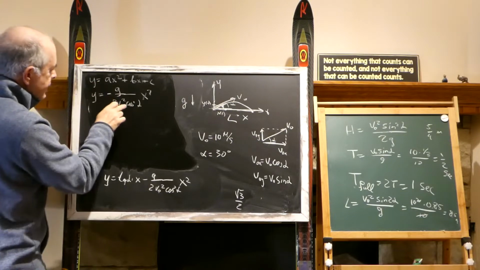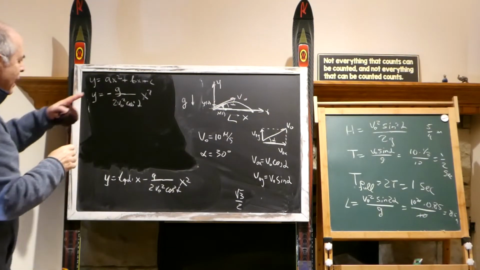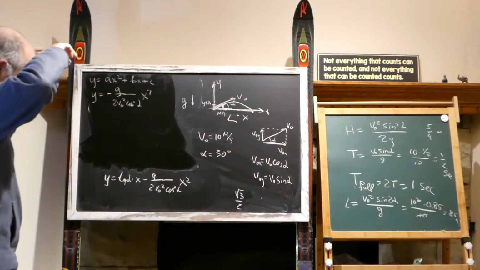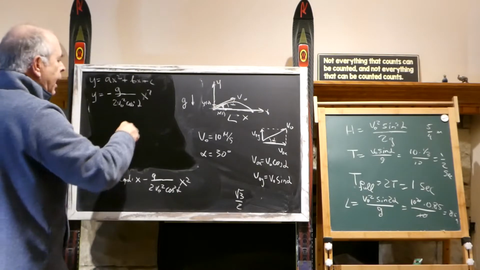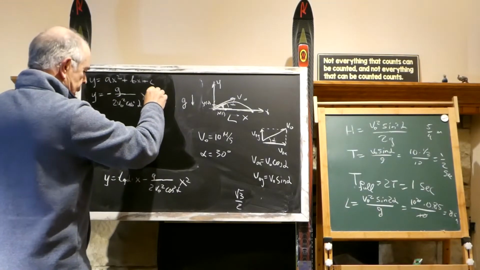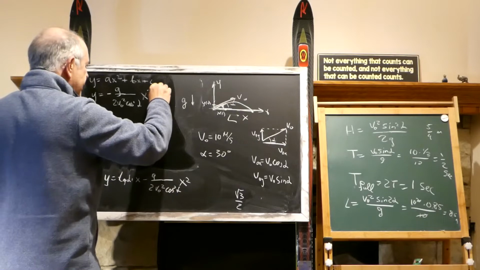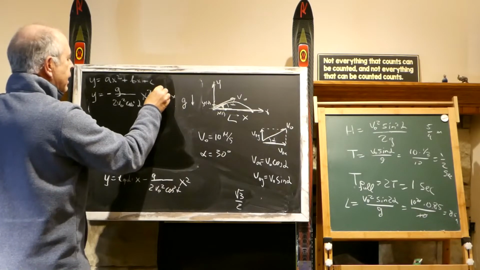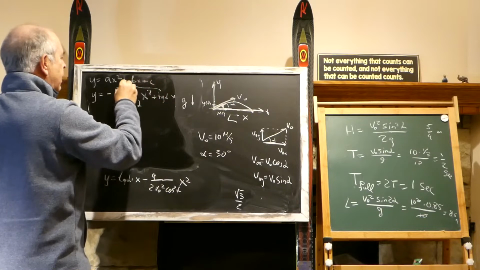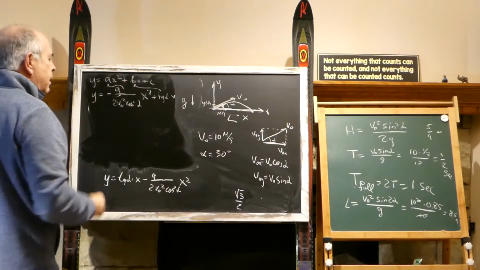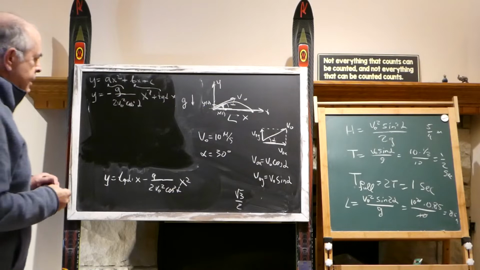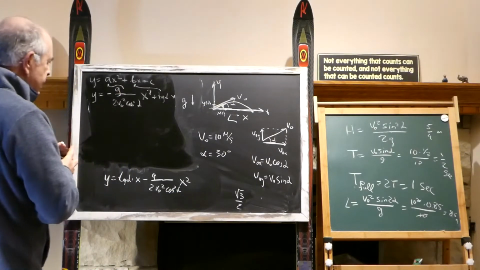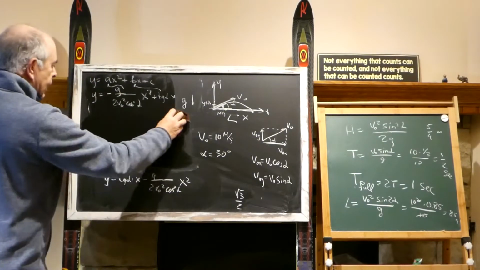So I know that this expression is a, and I know that it is negative, and that means that branches of the parabola are directed down. And then I have plus tangent alpha x. So tangent alpha is this b, and this one is this a. So I know that this is a parabola, I know that it is directed down.